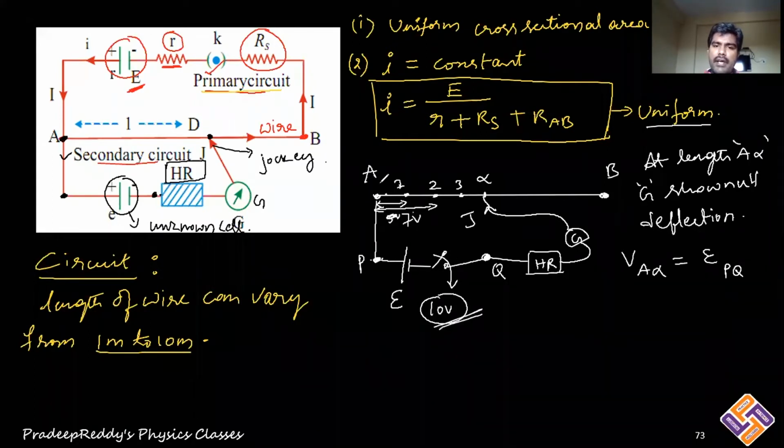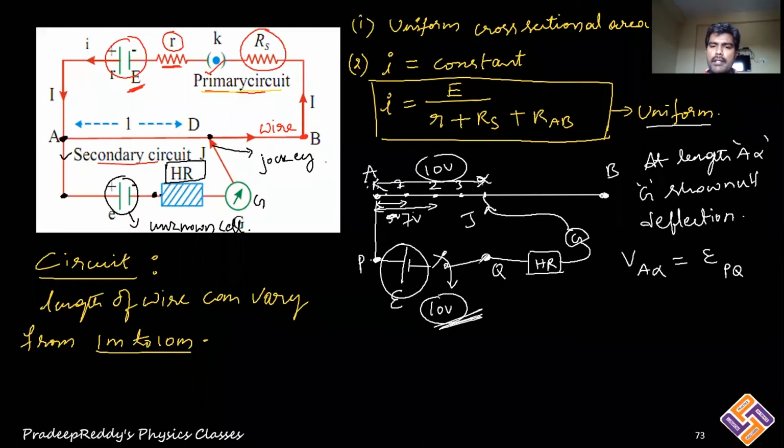In A alpha, in this length also, if the same 10 volt is dropped in between A and alpha, then only in the upper part A alpha 10 volt is left, and in the bottom portion you are connecting a battery whose EMF is 10 volt.